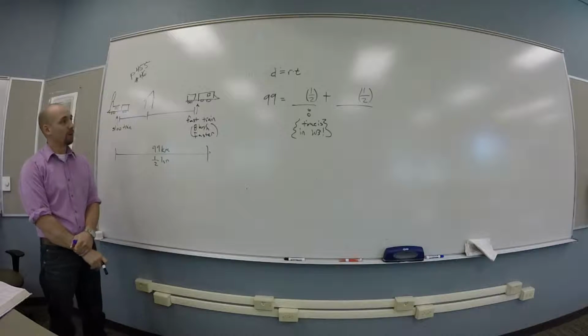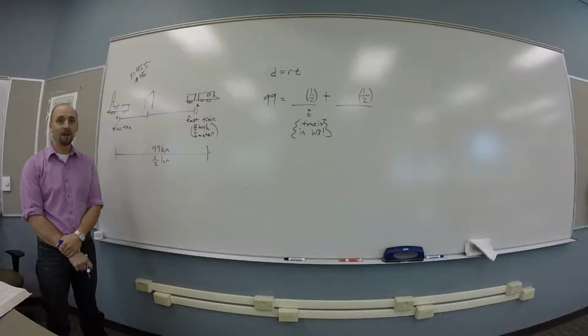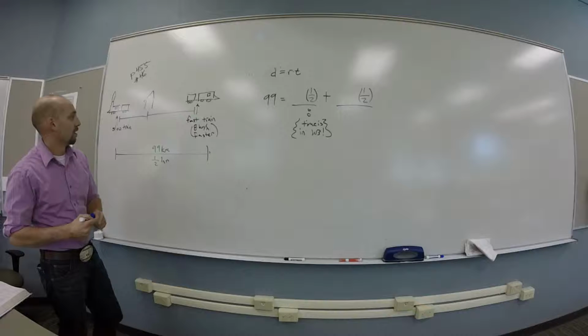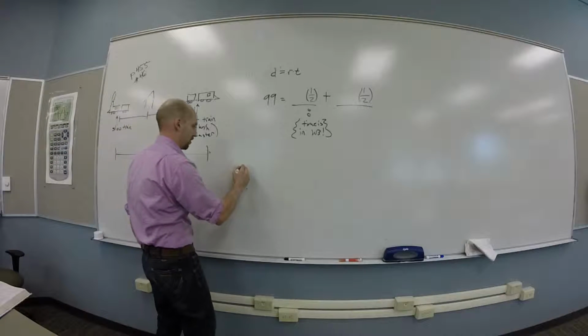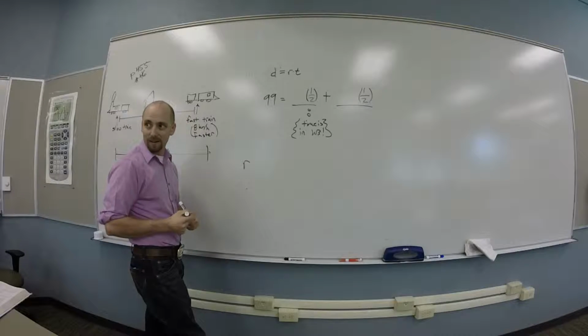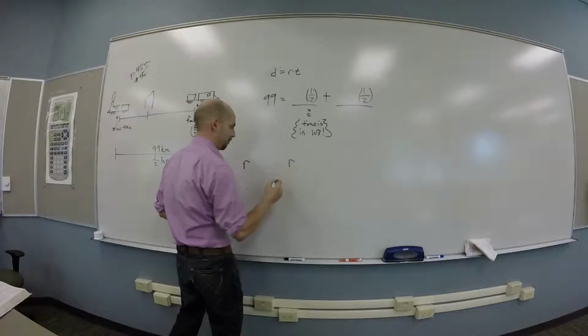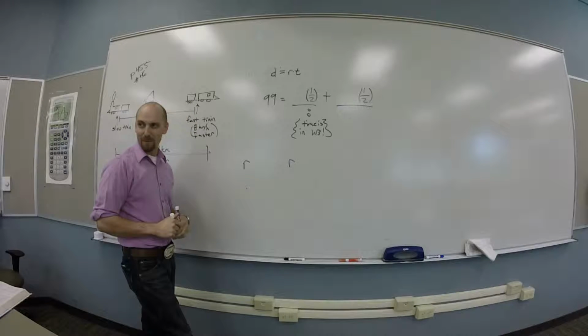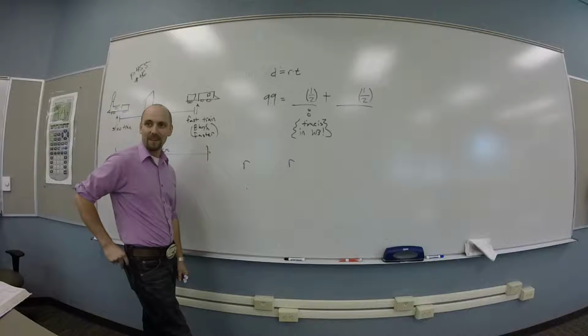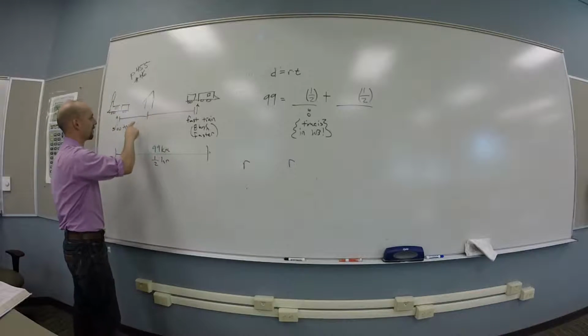Okay, so what do I know about the rates? There's a purple rate and a blue rate, right? What do I know about them? The red one is 8 kilometers an hour faster than the blue bit. So I know red R and blue R are related by what?